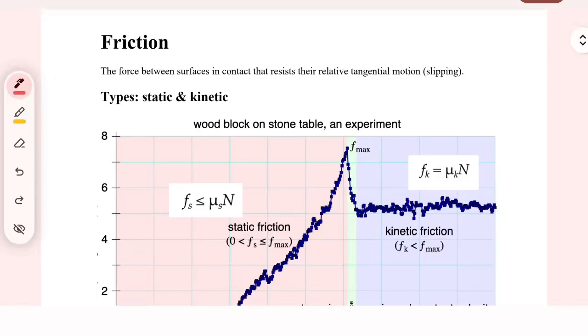Friction is a force between surfaces in contact. It's the force between surfaces in contact that resists their relative tangential motion. In our case here, we have slipping, like a sliding box on an inclined surface.